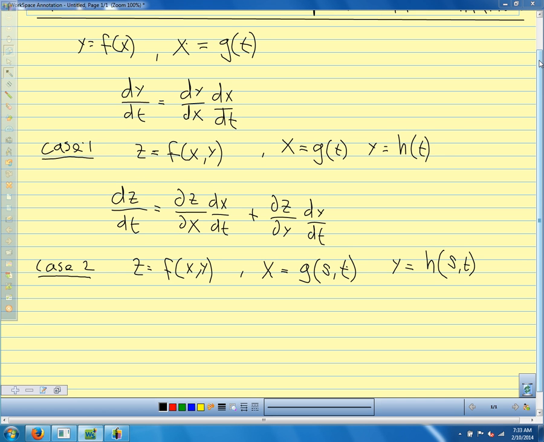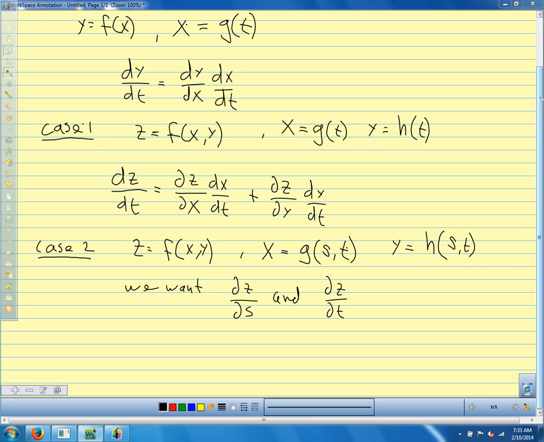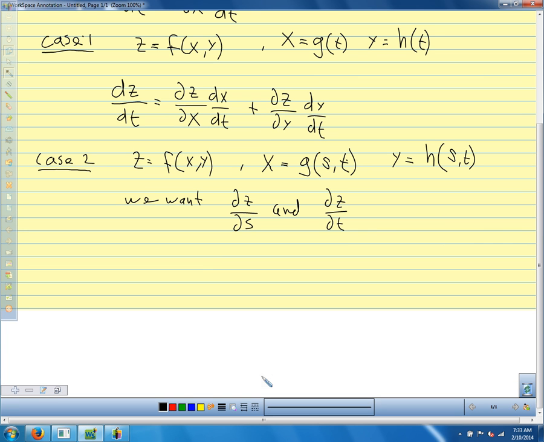We want to find the partial of z with respect to s and the partial of z with respect to t. And we have these intermediate variables that we have to deal with.